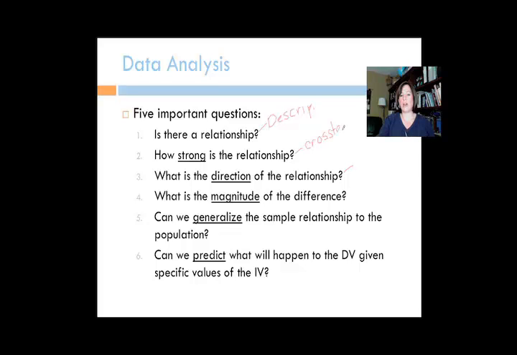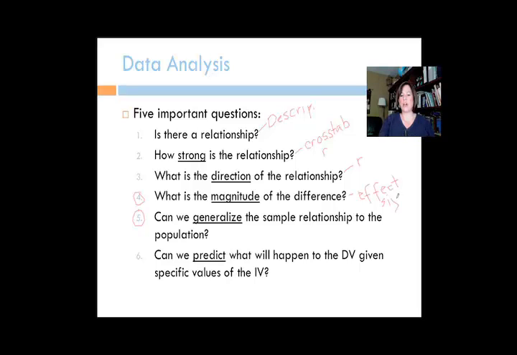We've looked at correlations to assess how strong and the direction of the relationship. With inferential statistics, we're going to look at the answer to this question and this question. What is the magnitude of the difference? And this is also called effect size between variables, magnitude of the relationship.